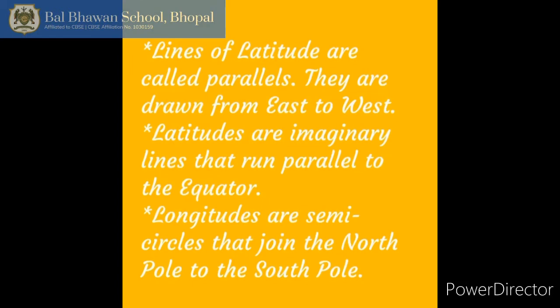Lines of latitude are called parallels. They are drawn from east to west. Latitudes are imaginary lines that run parallel to the equator. Longitudes are semicircles that join the North Pole to the South Pole.